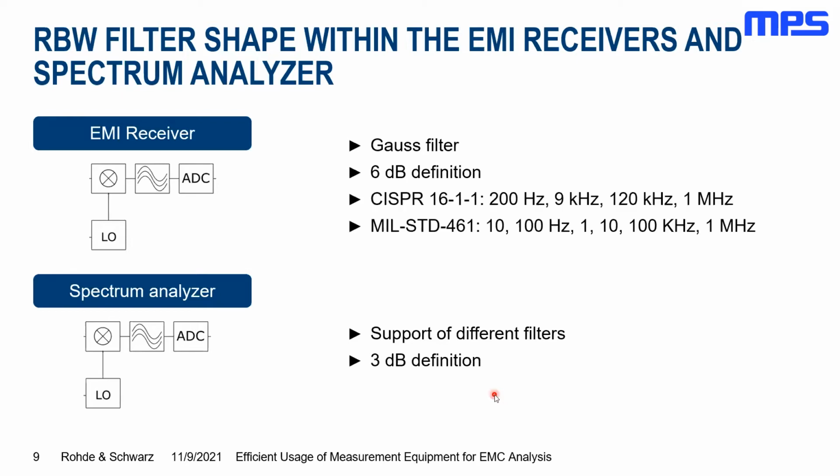And then the EMI receiver has these standard conformance receiver bandwidths implemented, so the 200 hertz, 9 kilohertz, 120 kilohertz, and 1 megahertz. While for the spectrum analyzers, typically we have this 1, 2, 3, 5 sequence, meaning each decade you could select 1, 2, 3, 5 hertz, then afterwards 10, 20, 30, 50, and so forth.